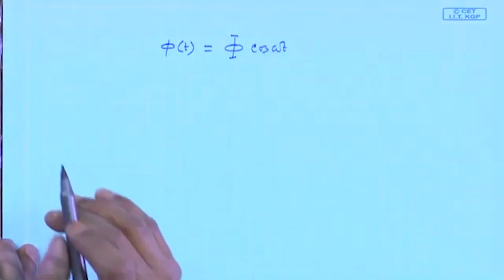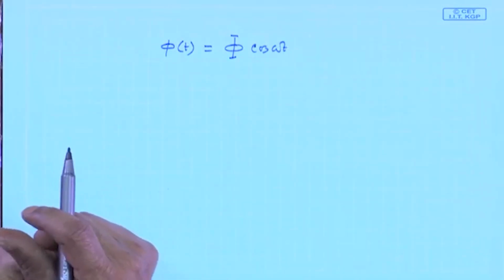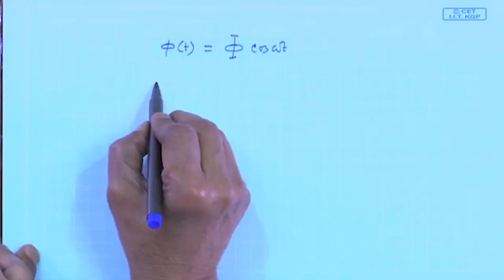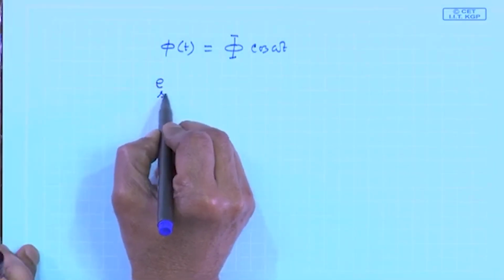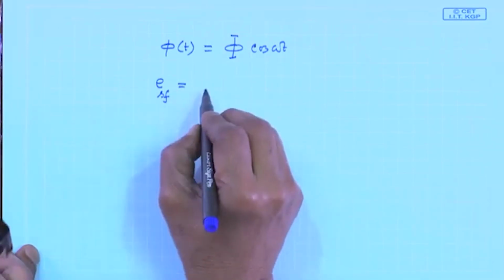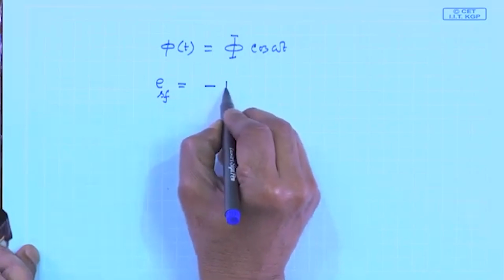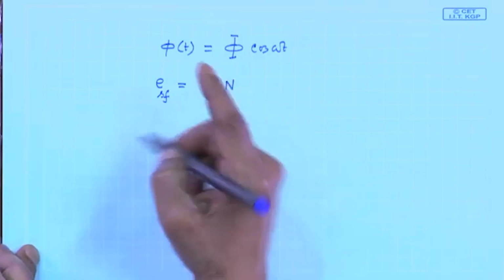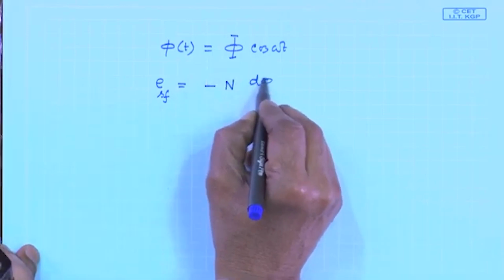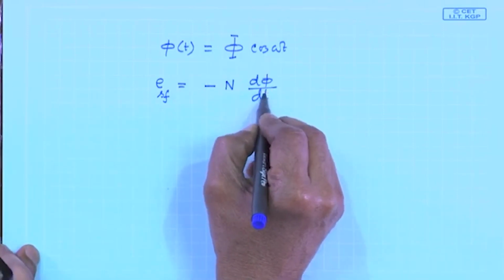Once I get that, then I will apply Faraday's law, that is the induced voltage in the coil, start S finish F, the potential of S with respect to F will be minus the number of turns of the coil, if it is not a single turn coil, N d phi dt.